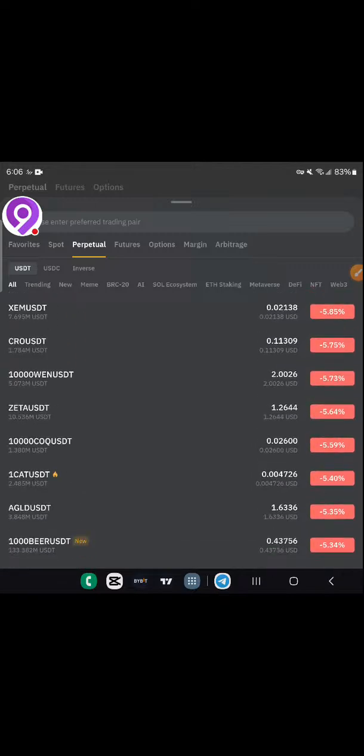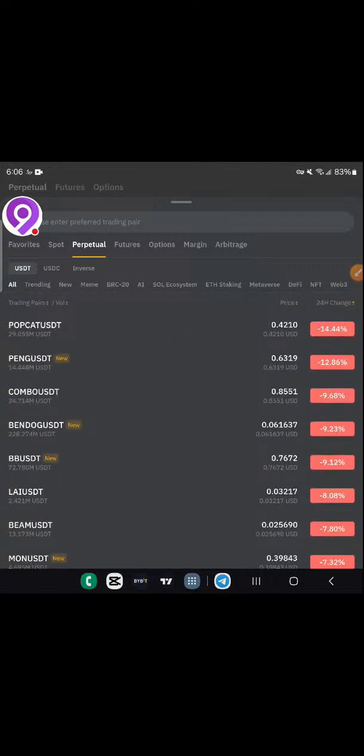If you click on the list again, it comes back to default, where you see Bitcoin, Ethereum, MNT, GMT, Optimism, and Luna 2. That's just the way it works. Click on it again, it's going to show you the top gainers, then the top losers, then default. So that's the first thing.